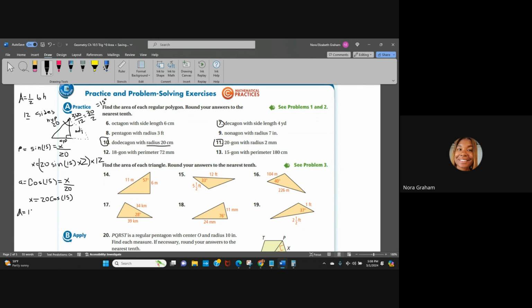So I would do 1/2, and our perimeter, we have a long perimeter this time, so it's going to be 20 sine of 15. And then we multiply that whole thing times 2.